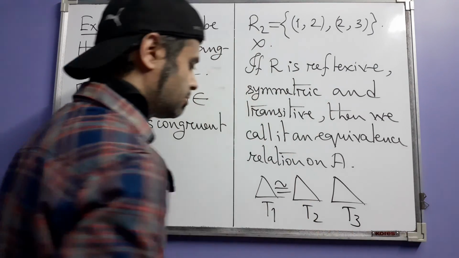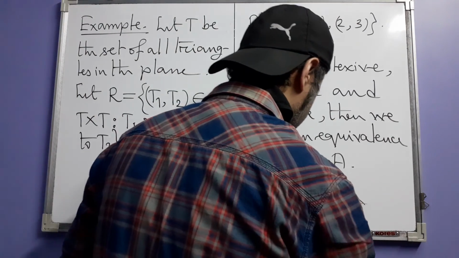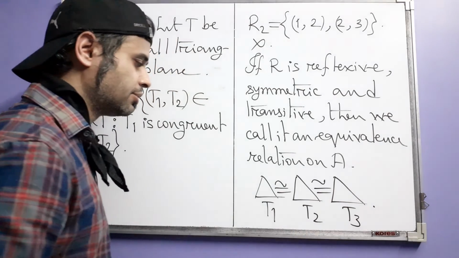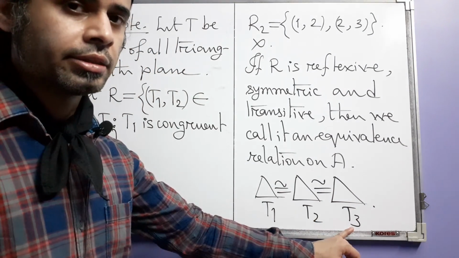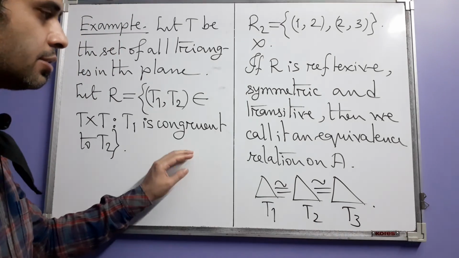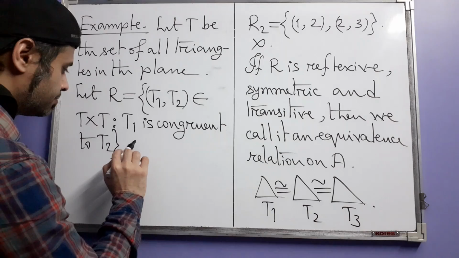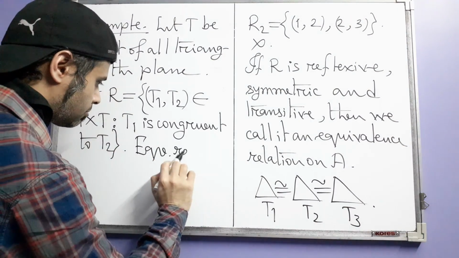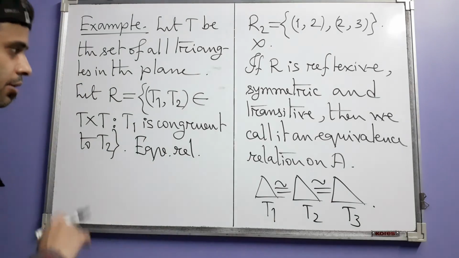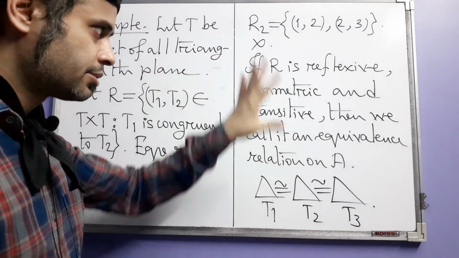T1 is congruent to T2 and T2 is congruent to T3. Then from school geometry, you know that T1 is also congruent to T3, and that is why this relation is transitive as well. So this is an equivalence relation. Equivalence relation on what? What is the set? The set of all triangles in the plane.